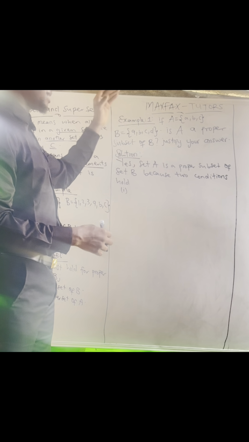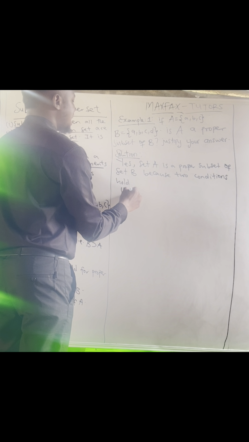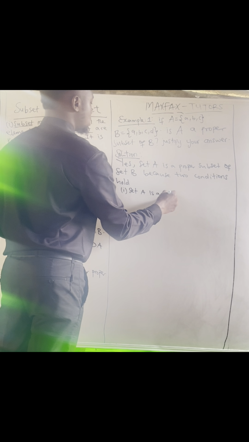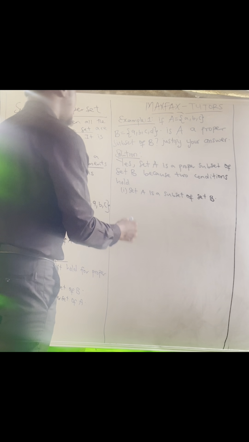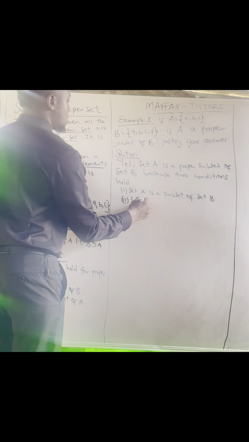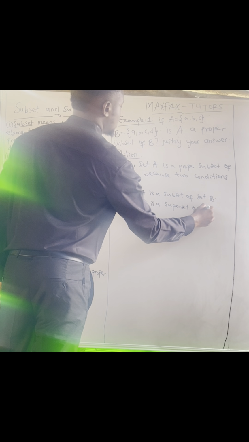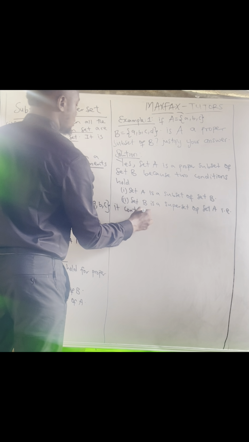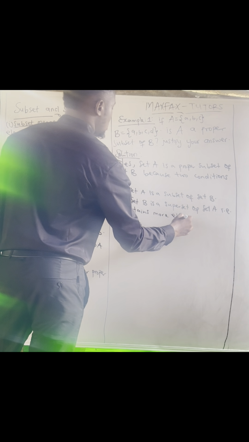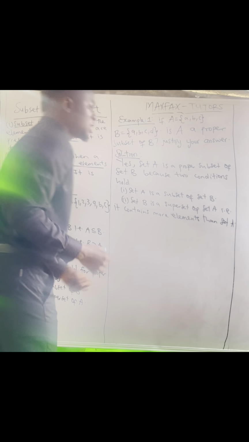So you will now see that all the elements in set A are found in set B. So the first reason is because set A is a subset of set B. While the other condition is that set B contains more elements than set A. Set B is a superset of set A. That is to say, it contains more elements than set A.